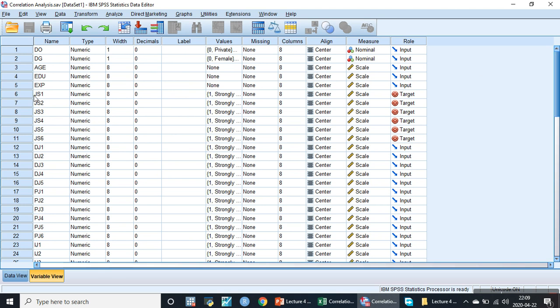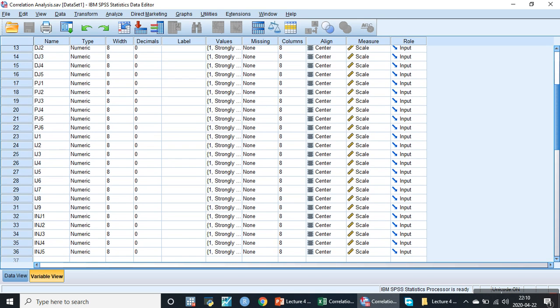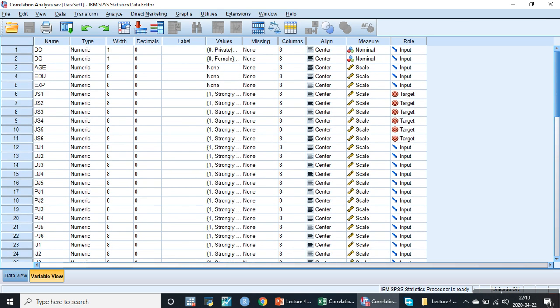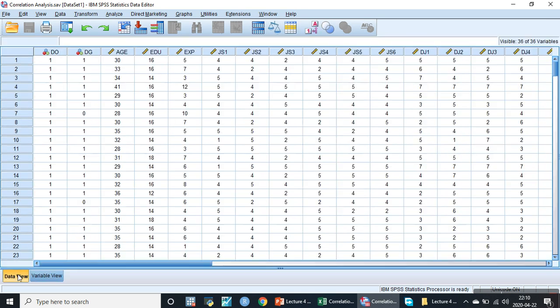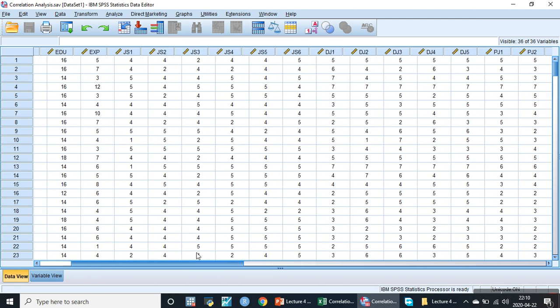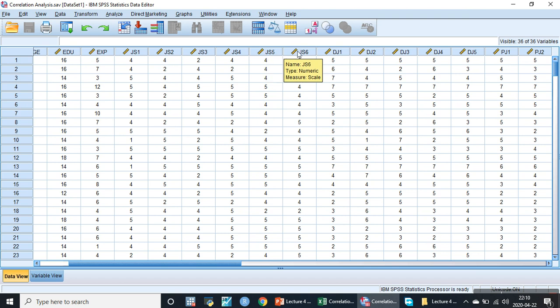The title of the research topic is job satisfaction is a factor of distributive justice, procedural justice, informational justice, and interactive justice. So the first thing is that we will calculate the average value of these variables. There are 6 questions in the job satisfaction. So first of all, we will calculate the average value of all of these variables.